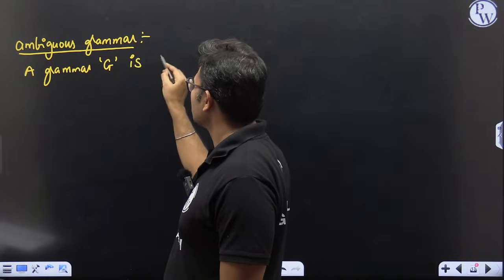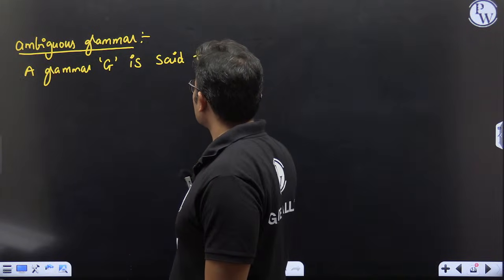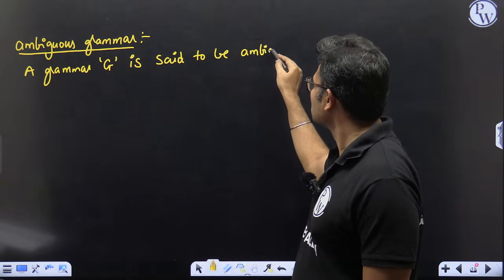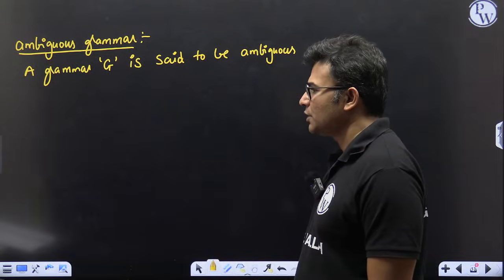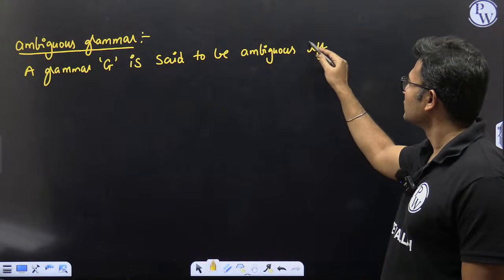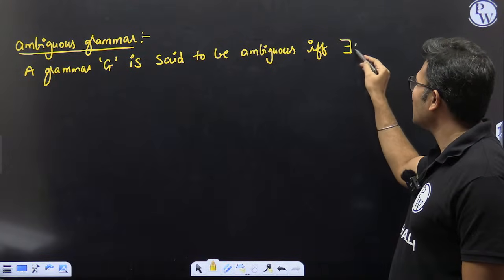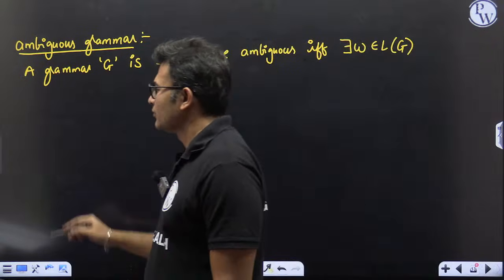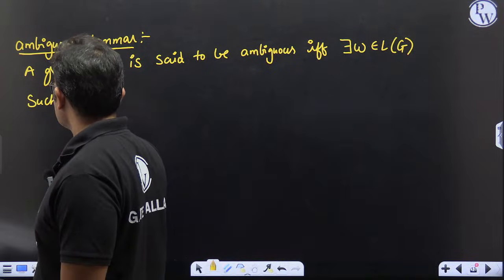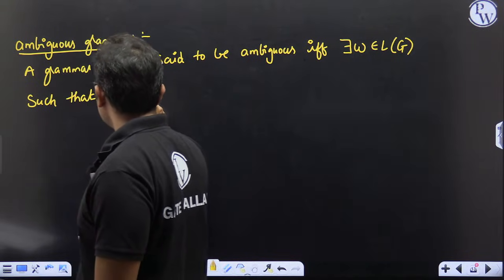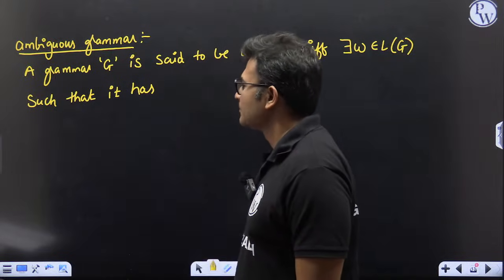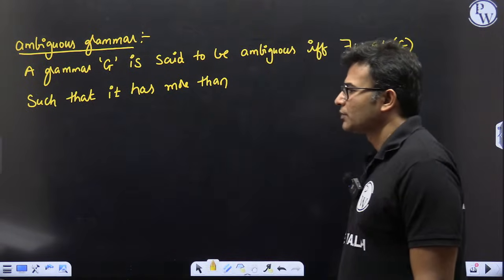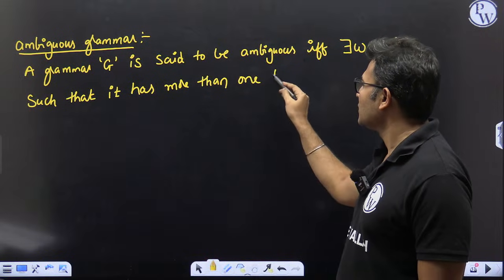A grammar G is said to be ambiguous if there exists a word W belonging to L(G) such that it has more than one derivation tree.